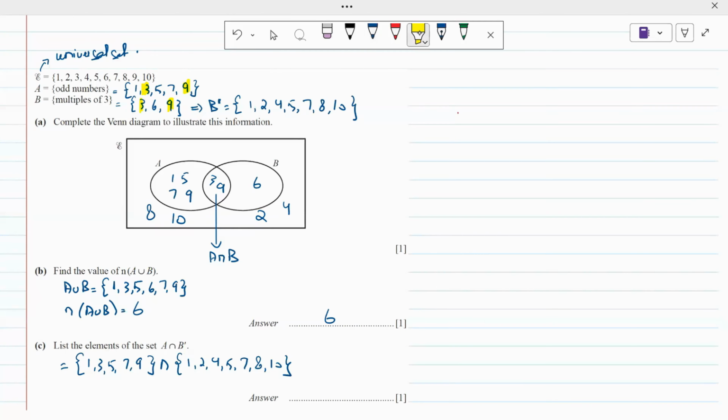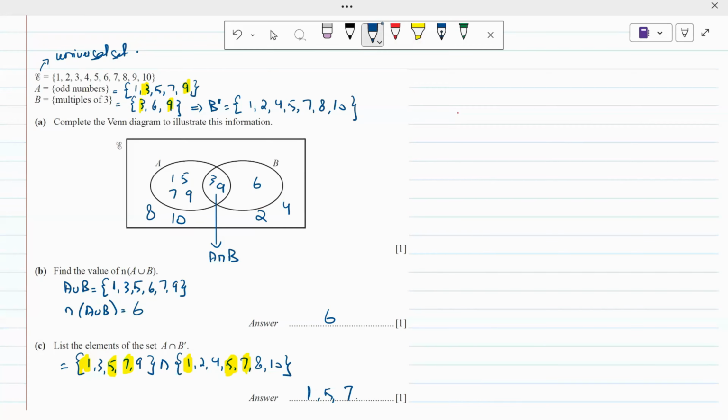Now you look for the intersection, the common elements for the two sets. 1 is there, 5 is there, 7 is there. So 1, 5, and 7. These are the common elements to be listed.